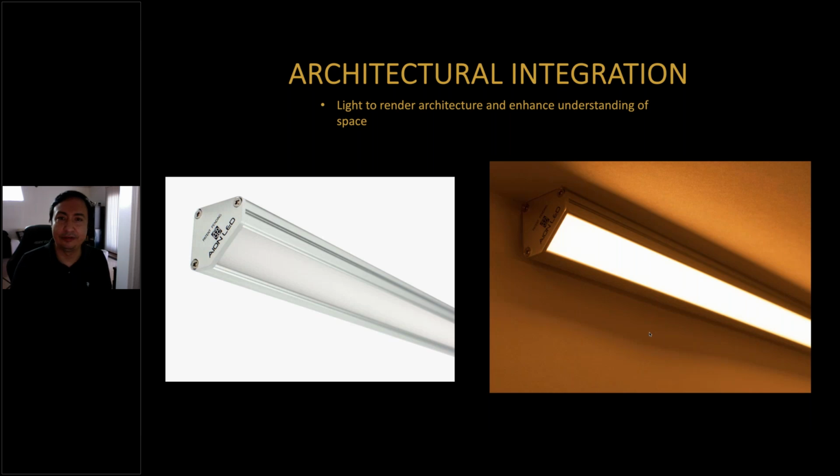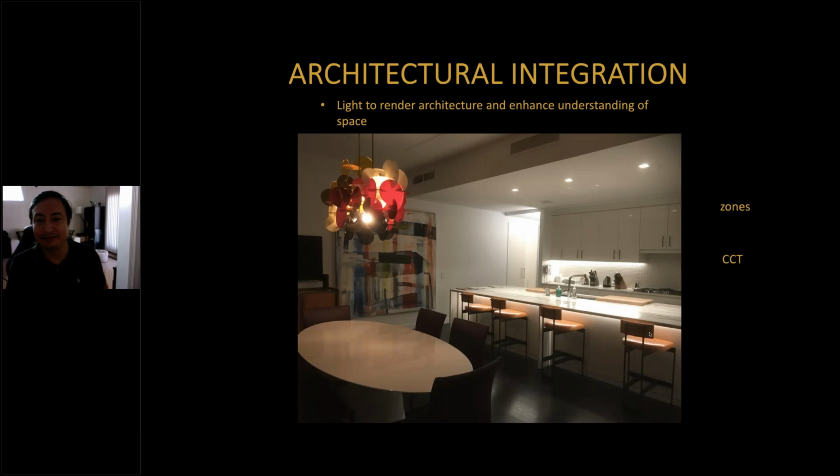Here's another style of linear channel extrusion. This is a 45-degree, and like I said, there are many, many different types for different applications, both indoor and outdoor. Again, this is to create those coves that can do so many things to bring a place alive. Here's an example of how we've used all these different components that we've been talking about. We have under cabinet lighting highlighting that area of the kitchen.